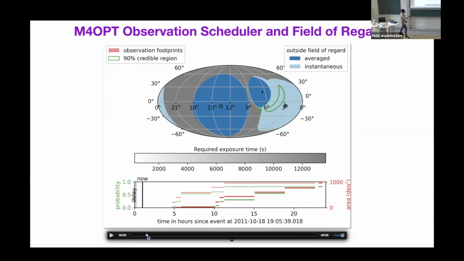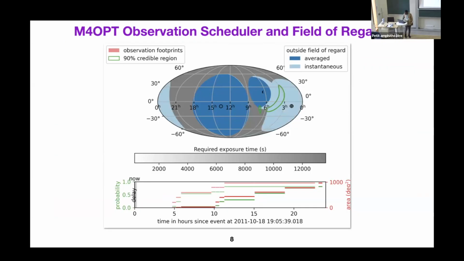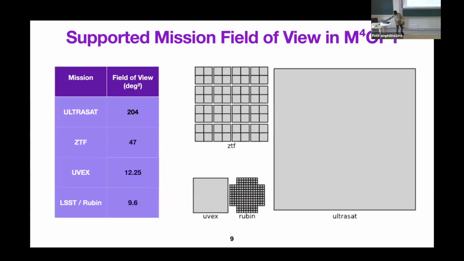So we cannot observe this part because we have the average out of field. But here we can observe after 4 hours. We can see here from 0 to 4 hours we cannot observe, but we start to observe after 4 hours when the Earth starts to go away. Okay, and that is what really happened with our scheduler.